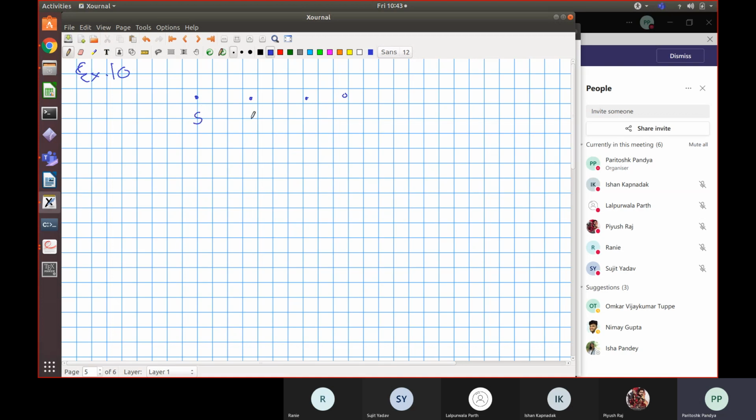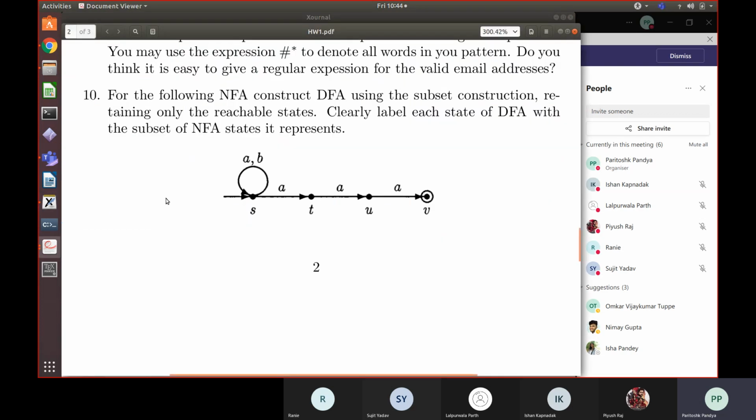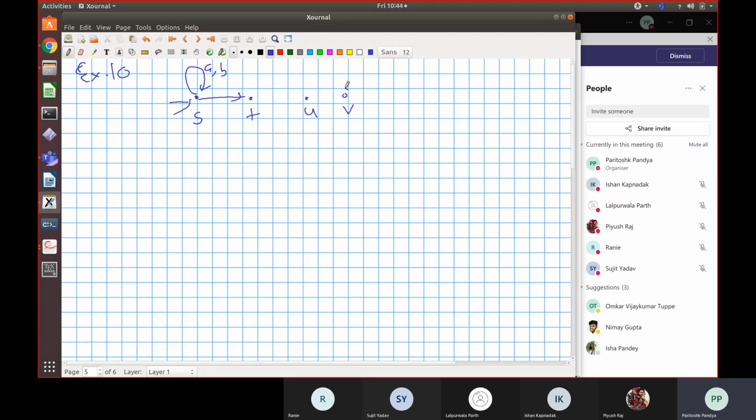So I have got S, T, U and V, and then I've got letters A or B. I've forgotten what I've got there. Let me check again. It is A. And this is the final state. And then I've got 3 transitions on letters A.